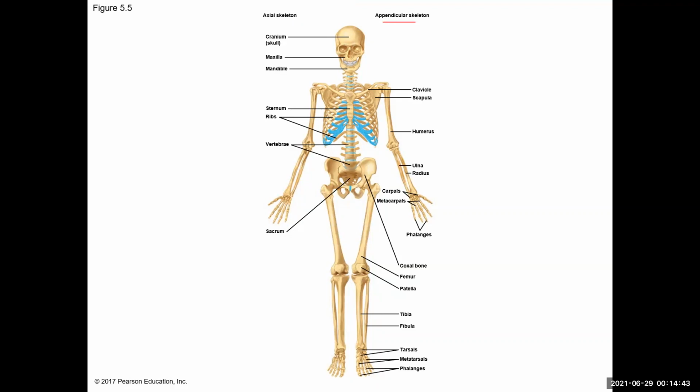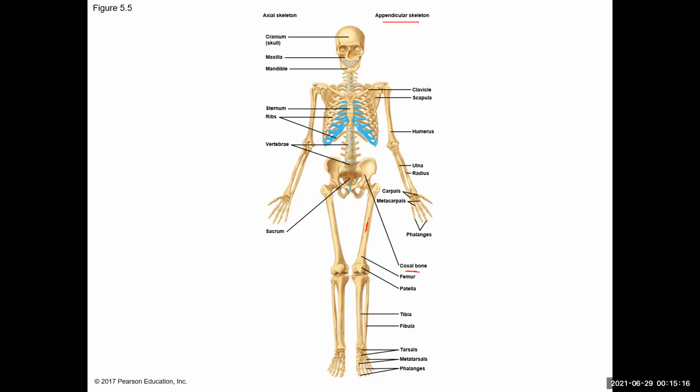And then the appendicular skeleton is associated with all of the appendages and the girdles that attach those appendages to the axial skeleton. So, for example, the pelvic girdle is made up of, for example, the coxal bone, and that coxal bone articulates with the femur, and it is associated with the legs.